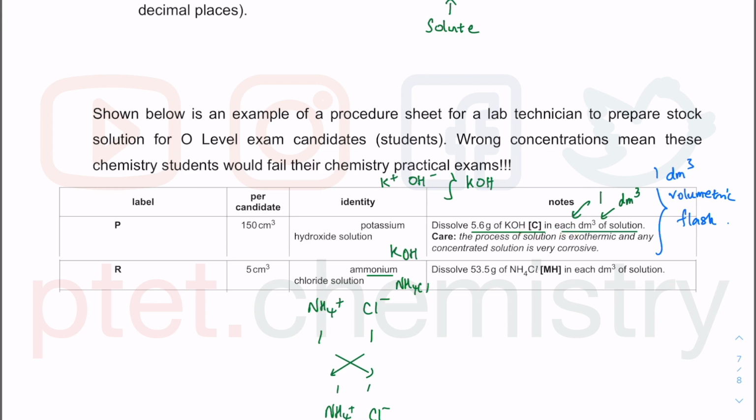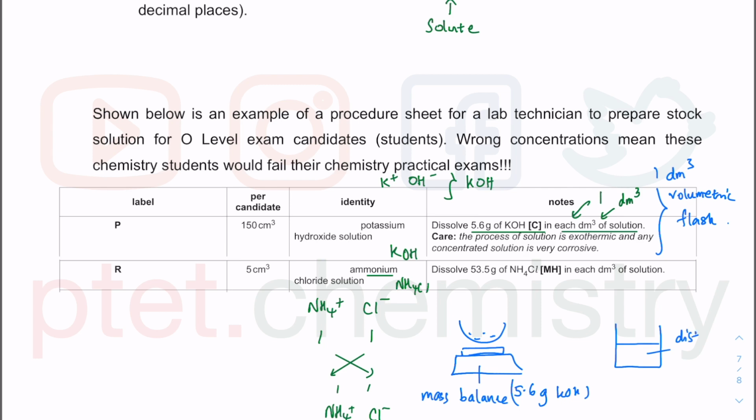All right, so what I have is a mass balance. I can't draw a mass balance that well, but they call it a balance. I call it mass balance. You record 5.6 gram of KOH, and then you take a beaker and you have some distilled water. Obviously we are not going to put in all 1 dm cube of water in there.